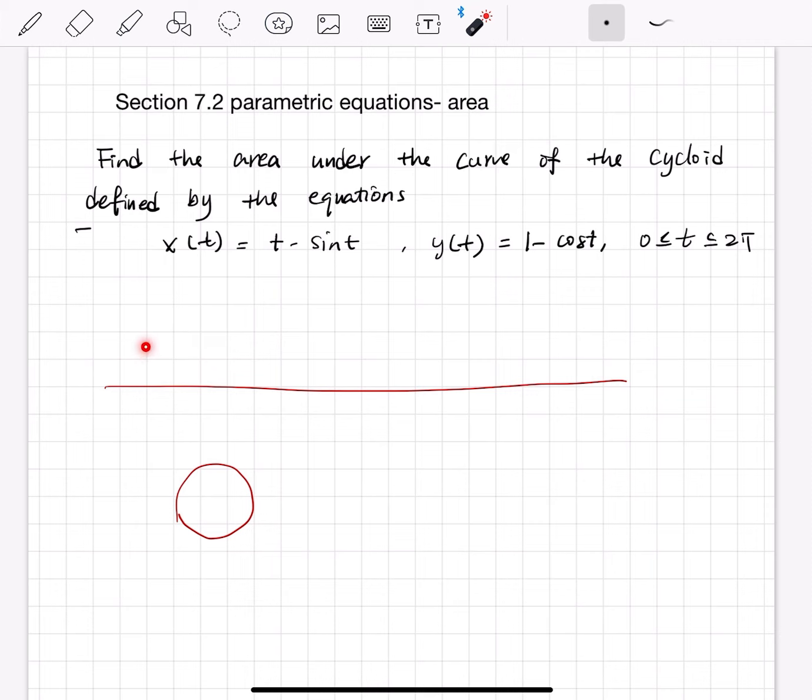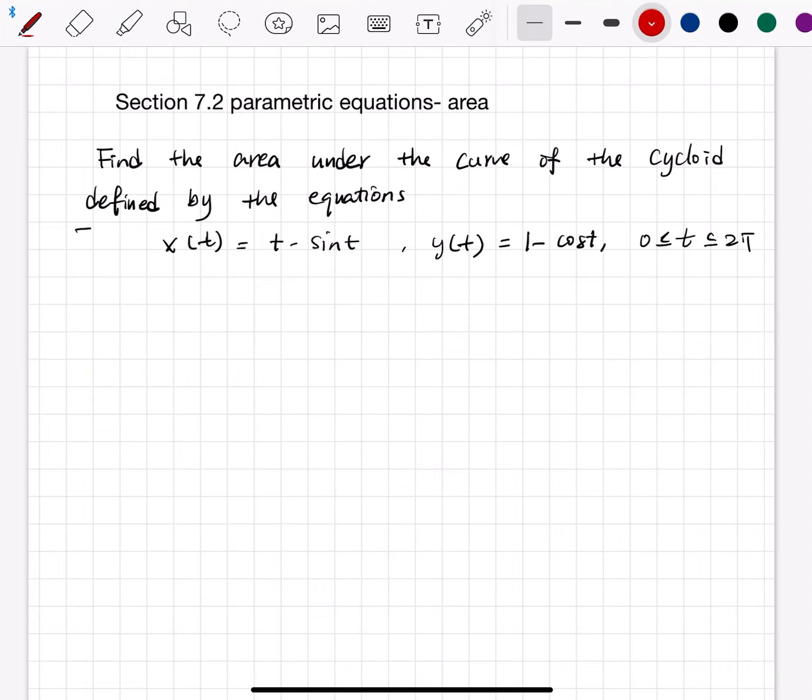So even though it's moving this way, it's not always along this circle; it's actually going to move more like this. So that is the cycloid graph.